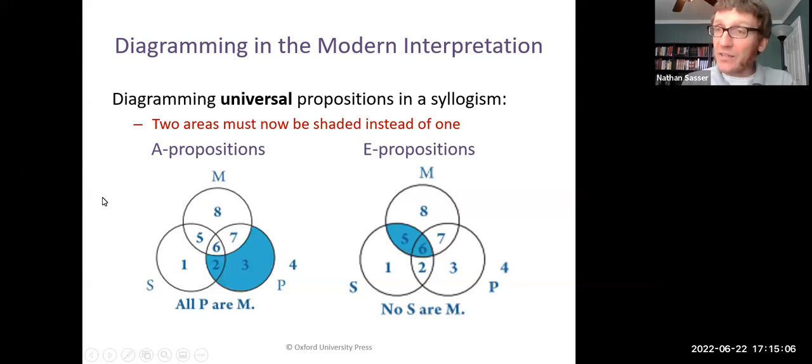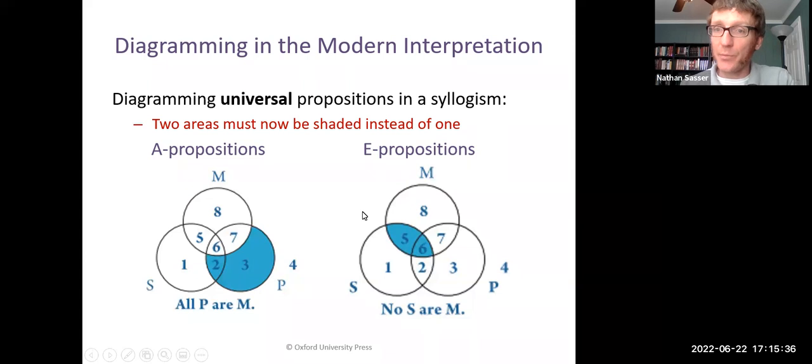If we have an A-type statement, you're going to be shading a section that looks like this. If you have all P are M, what you're saying is all the P's are in areas 6 and 7, because that's the area that overlaps with M. That means you're going to shade out areas 2 and 3, because those are the parts of P that are not M. You want to say nothing's there, and you shade those out.